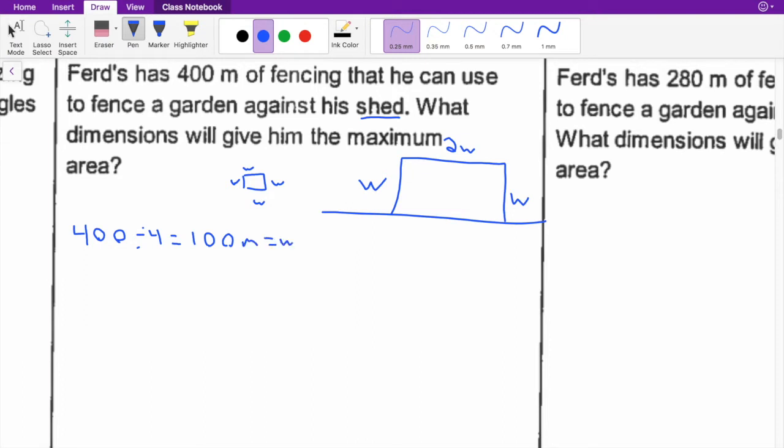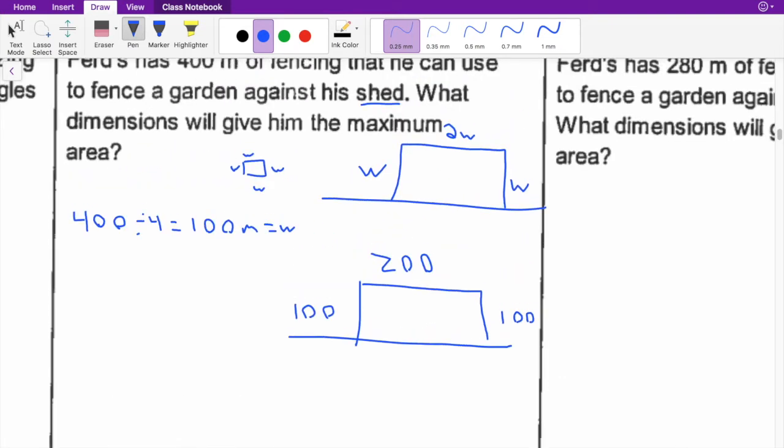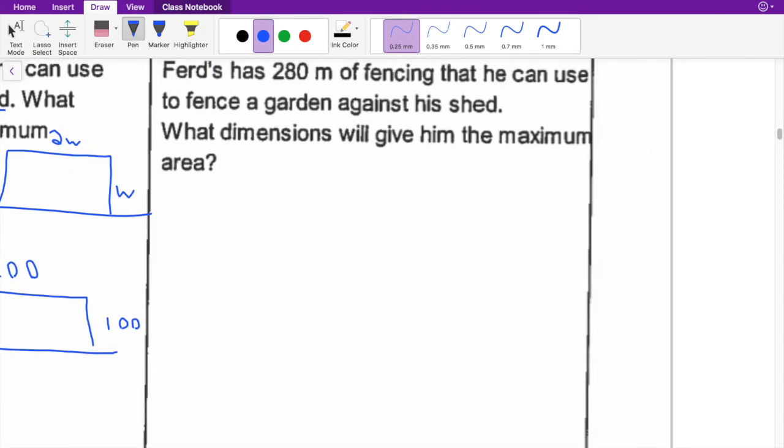So that equals W. Now if we take a look at our box right now, we have one width here, so that's going to be 100. One width over here, so that's going to be 100. And we have 2 widths. So 2 times W is going to be 200. So there are our best dimensions to get the largest area possible. So pause her up, and away we go.